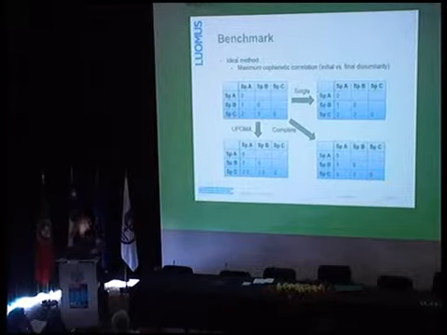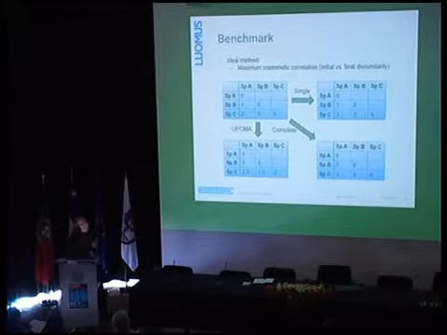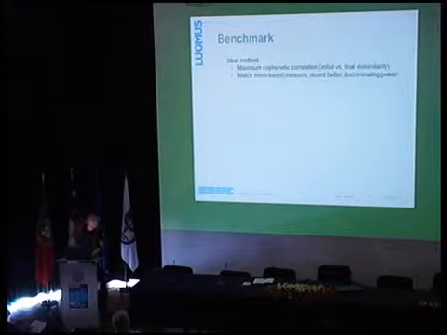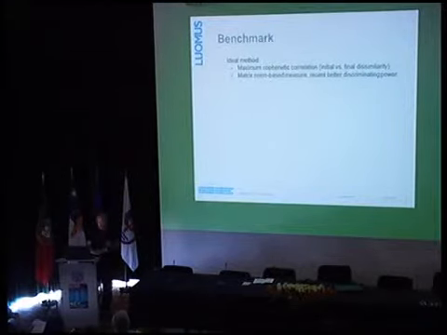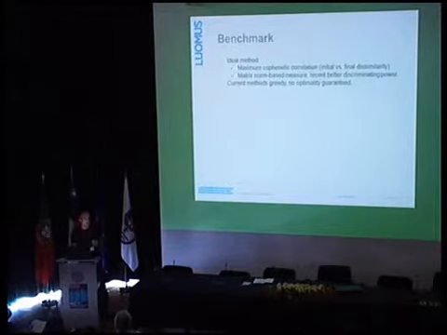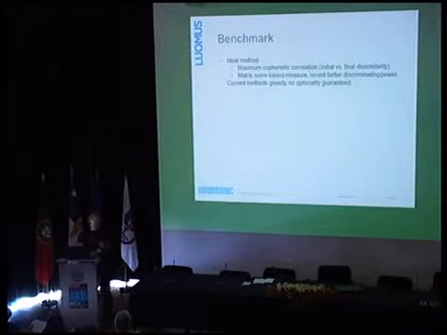If we have an initial dissimilarity matrix and a final matrix, the correlation between the initial and the final should be as high as possible. There are other ways of looking at this. But as you can see, all these methods that we use today in ecology are completely greedy. This is really simple. This was devised when there were no computers, and we are still using the same methods.